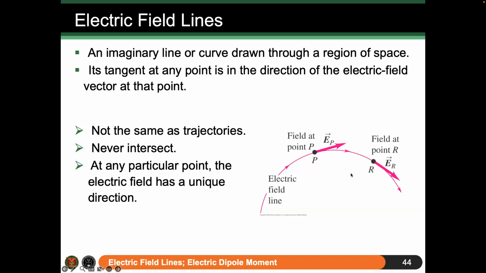So mukha siyang trajectory, pero hindi siya exactly trajectory. Ang electric field line, siya yung nagsasabi na kapag naglagay ako ng point charge dito sa point P, ganun yung magiging direction niya. Pag ganun yung magiging velocity or motion. Okay? Pag nilagay ko naman siya sa point R, pag ganyan naman yung magiging direction.